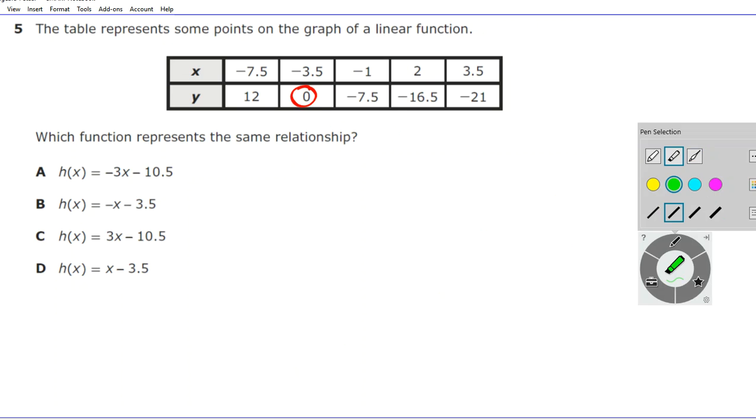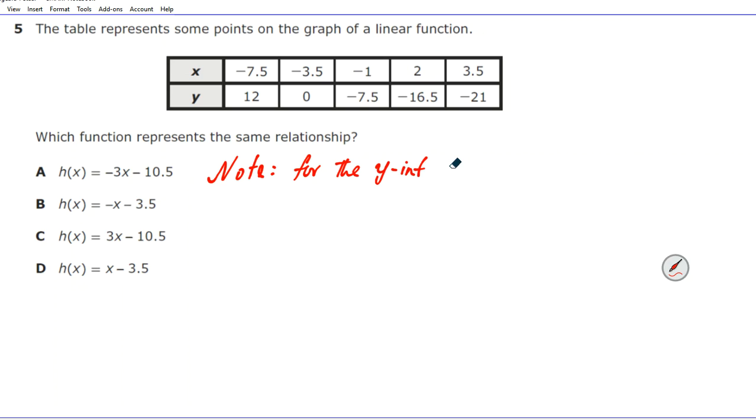Now this is something very important that you want to keep in mind. It has to do with what the y-intercept is. Okay, so let's note the following point. Note, for the y-intercept, x has to be equal to 0.